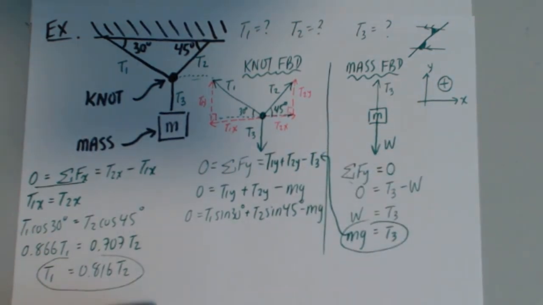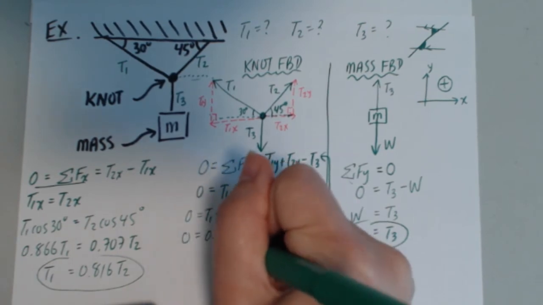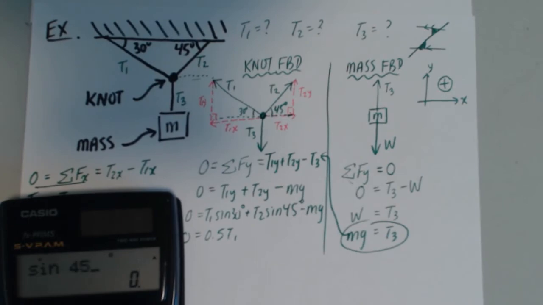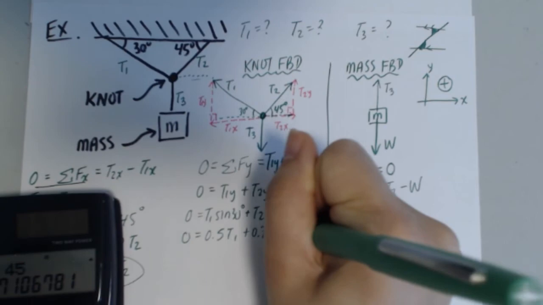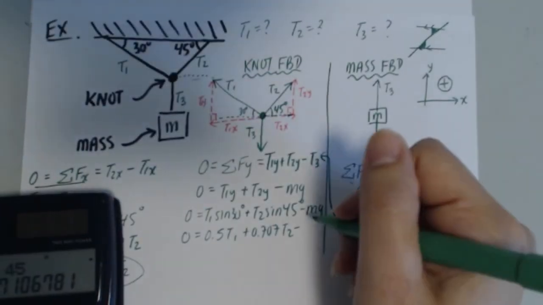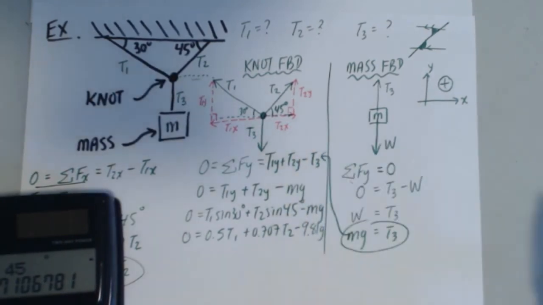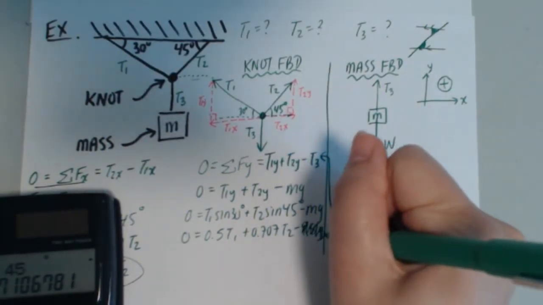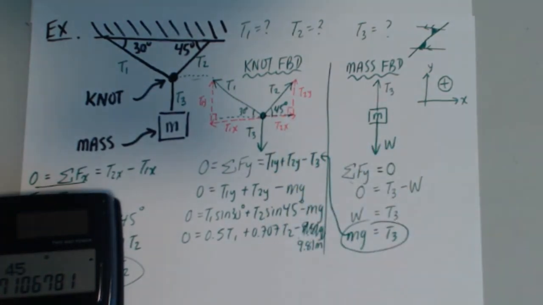So sine 30 is 0.5, so this becomes 0.5 T1, and sine 45 is 0.707, so plus 0.707 T2 minus, and well, you know what, at this point you can just call this minus 9.81 M, not G, because G is 9.81, minus 9.81 M.